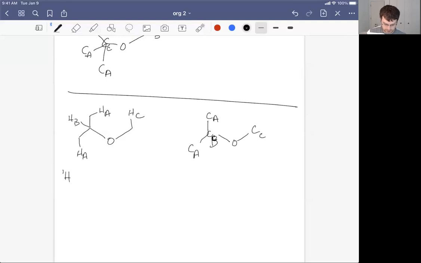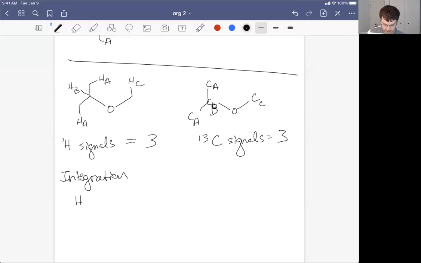So the number of 1H signals and C13 signals are both 3 in this case. Now, if we look at the integration, what we have to do is pick on each H signal by itself. So we have HA, HB, and HC. So the HA integration is actually 6 because there are 3 hydrogens on the first Ca and 3 hydrogens on the second Ca.